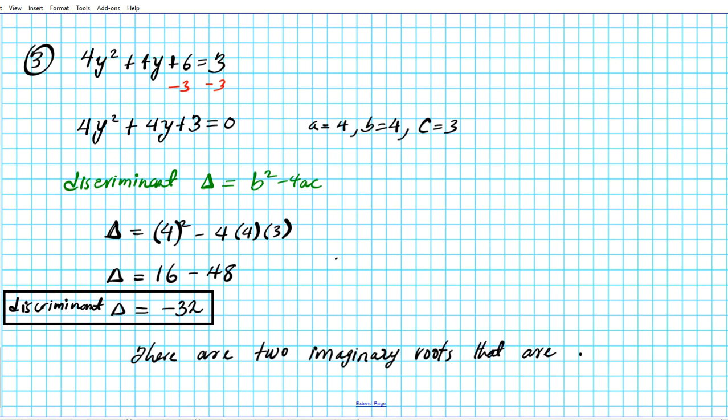You don't have double roots in the imaginary realm. Okay, two imaginary roots that are different. Why is that the case? Since our discriminant is less than 0. So if you have a negative discriminant, you automatically have two imaginary roots that are distinct. Okay?